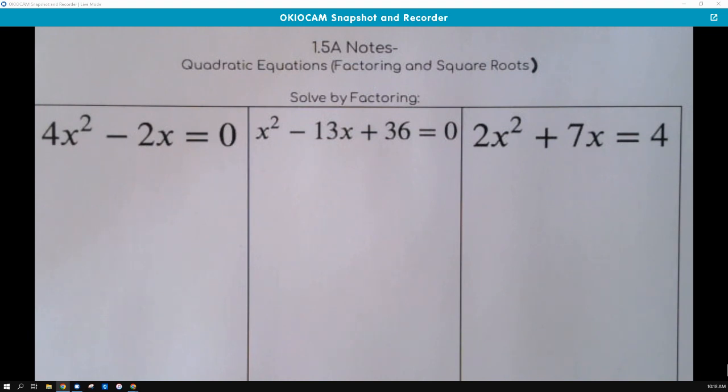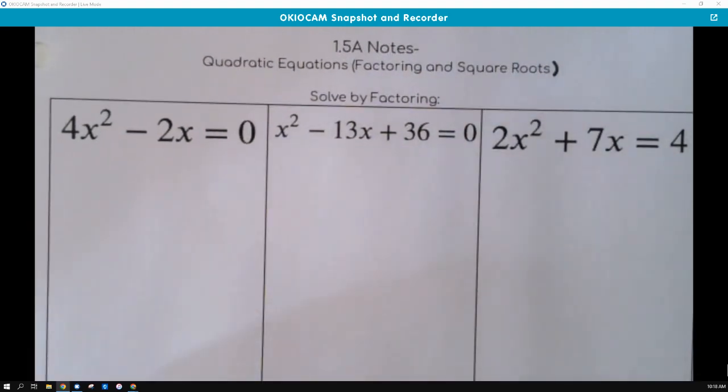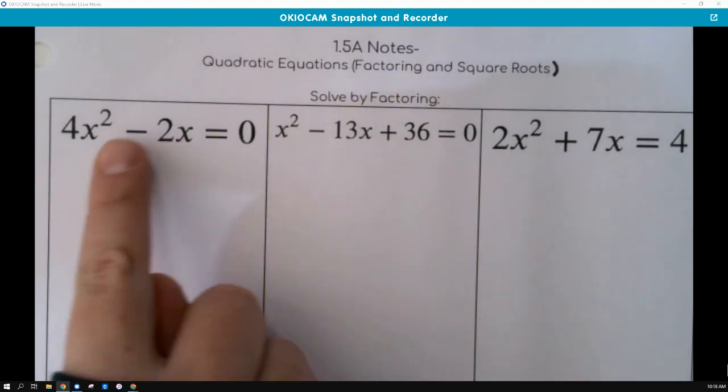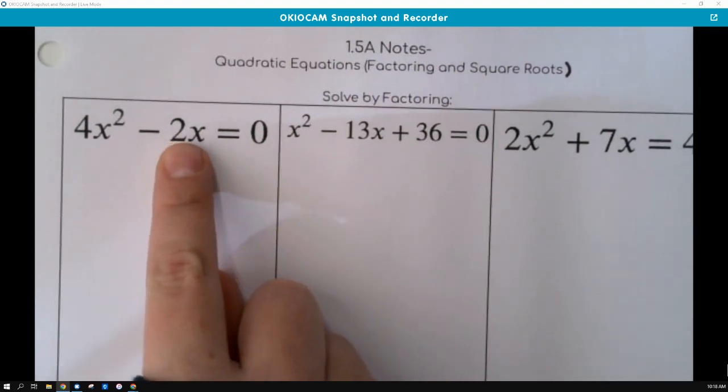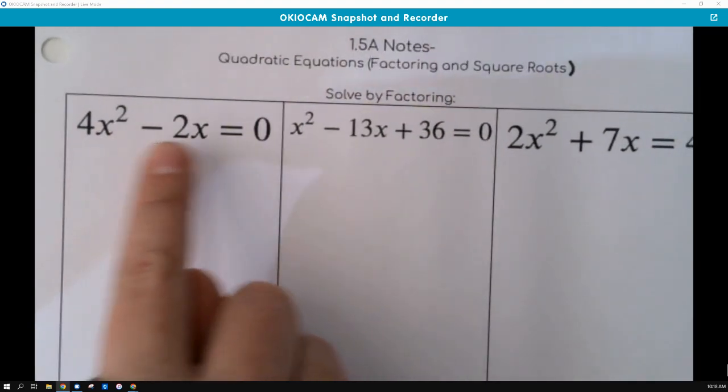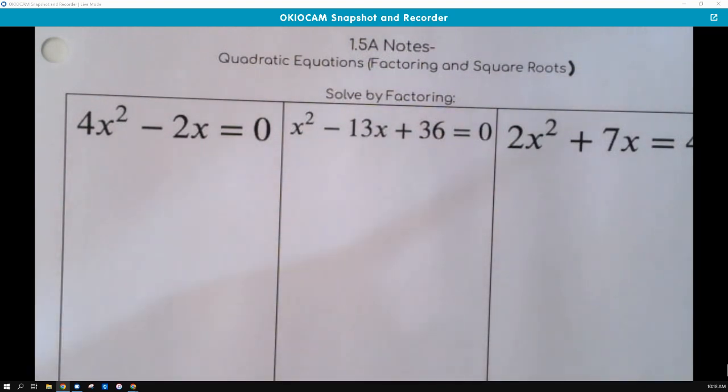When we solve by factoring, we factor a quadratic completely. Once we've factored it, we set each of those factors equal to 0 and solve. So this first one, 4x squared minus 2x, is just 2 terms and they both have an x, so it's just factoring one term out.